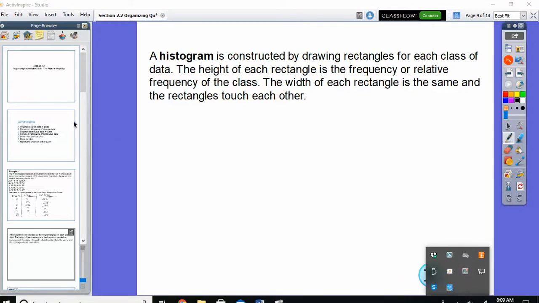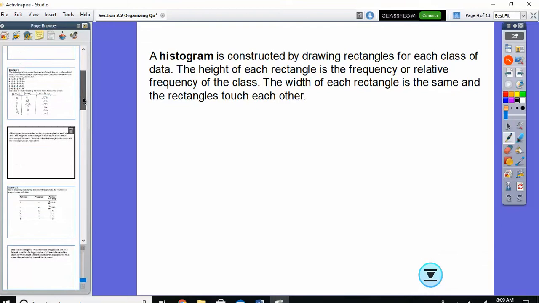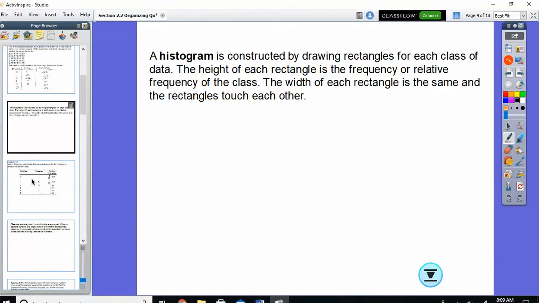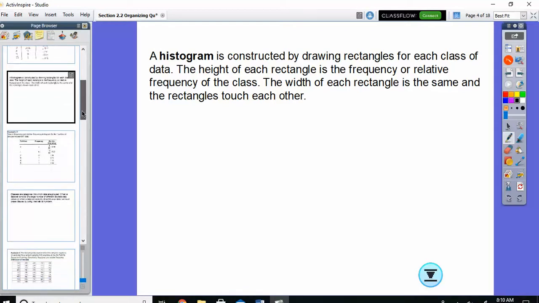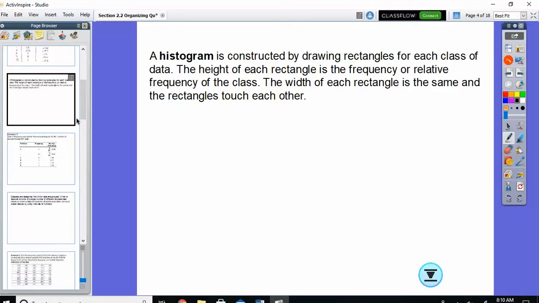Now draw a histogram for the data that we had. So we did the number of cars, we have the frequencies, we have the relative frequencies. I think my directions on this example said draw both of them, but let's just draw one, either the frequency or the relative frequency histogram. What's going to be the only difference when I make those histograms, just like when I make those bar graphs?